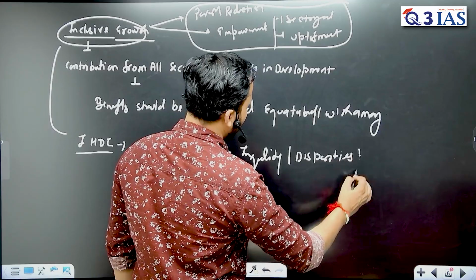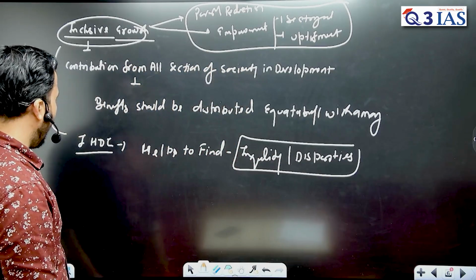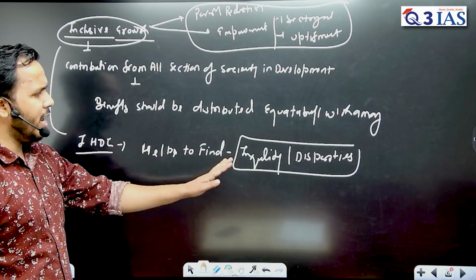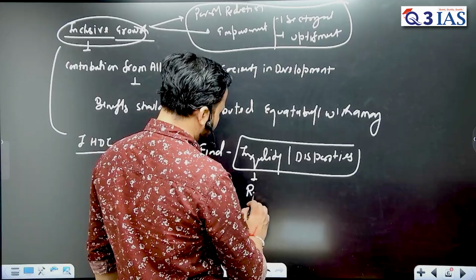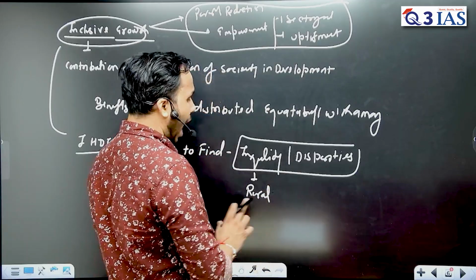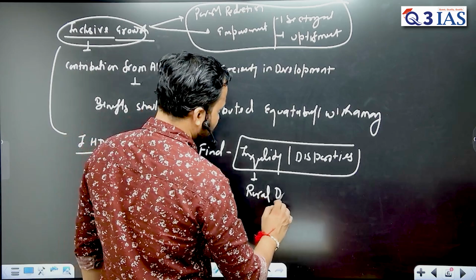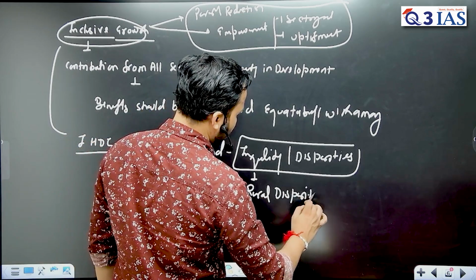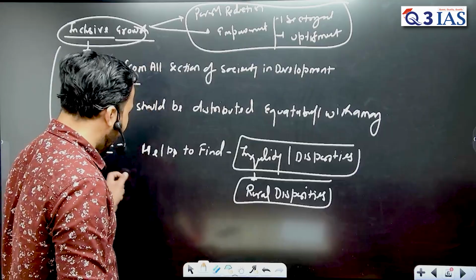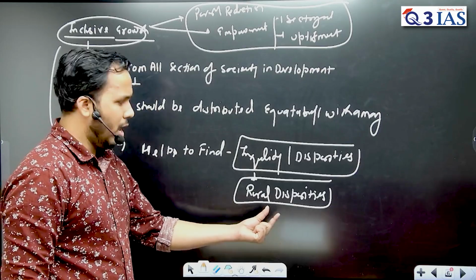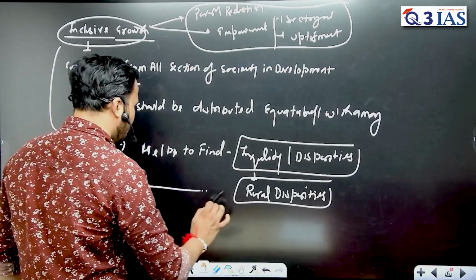Yes or no? If IHDI helps to find inequality and disparities, for example rural disparities, it helps the government to find them. And how is IHDI helping the government? IHDI is helping the government as a policy guide.